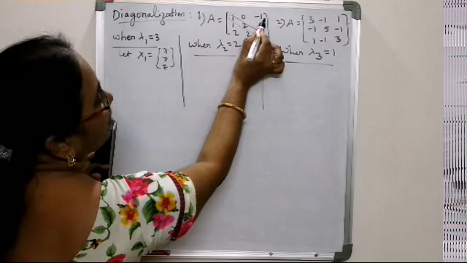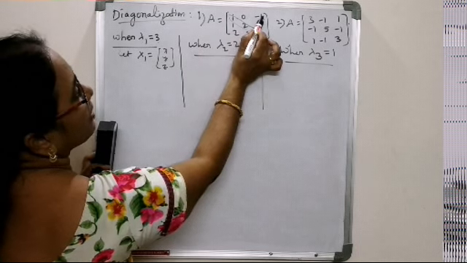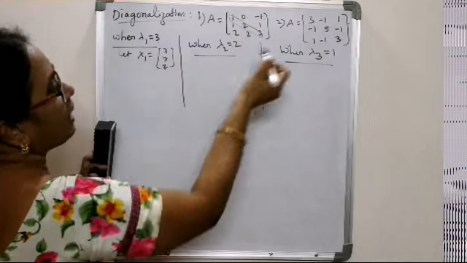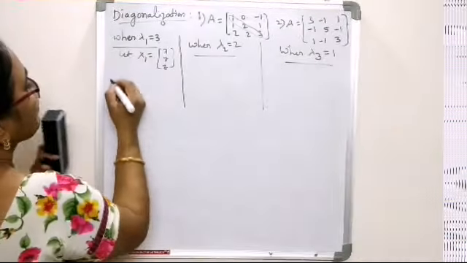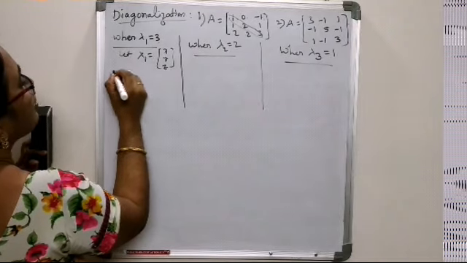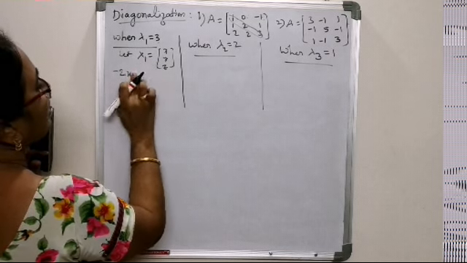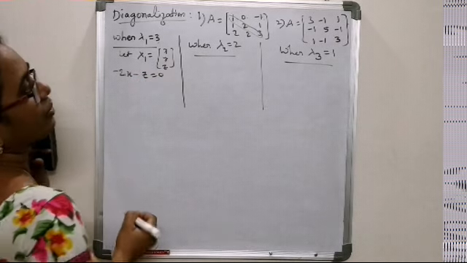Coming from the first row, we have 1 minus 3, minus 2, 0, minus 1. When these are multiplied with the respective variables x, y, z, we have the homogeneous system: minus 2x plus 0y minus z equal to 0.